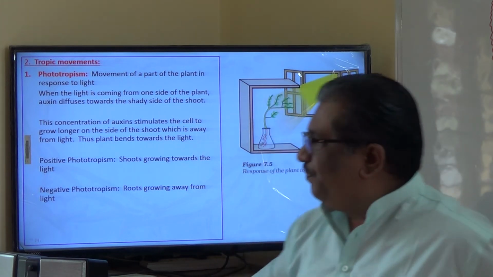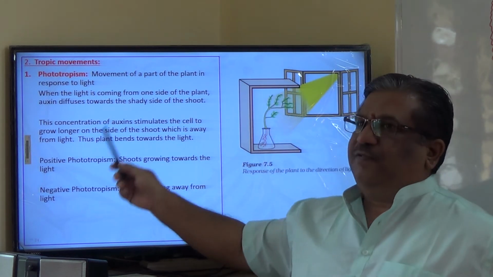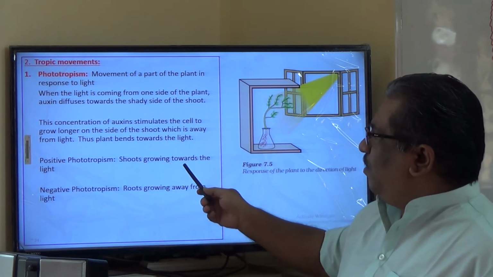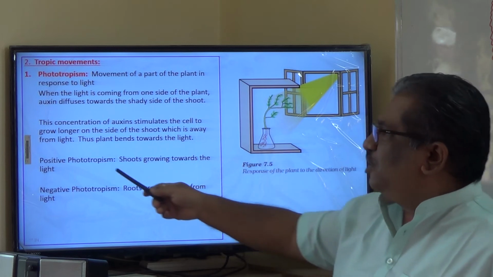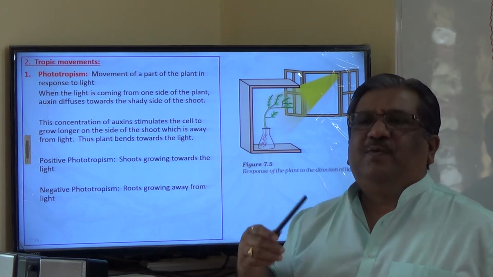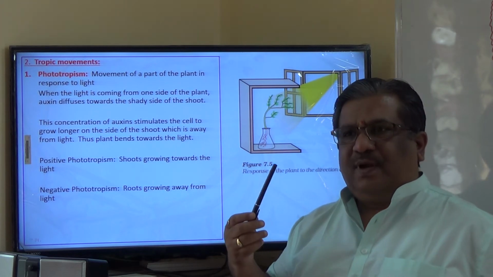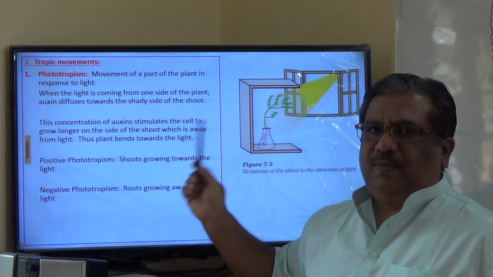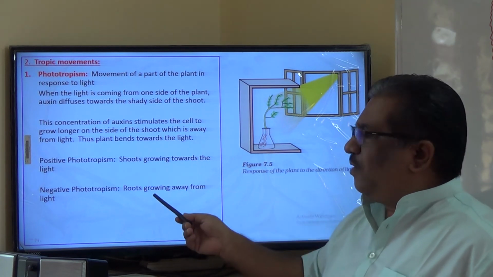Okay. Now, there are two types here: positive phototropism and negative phototropism. Shoots that grow towards the light show positive phototropism. So, which part of the plant shows positive phototropism? The shoot part. What about the roots?